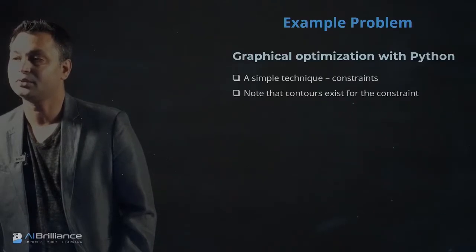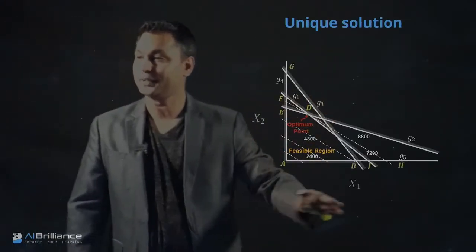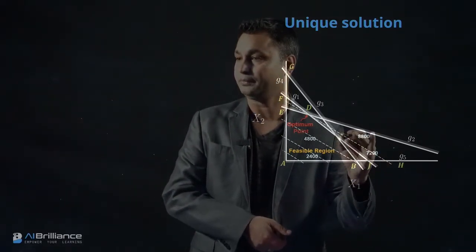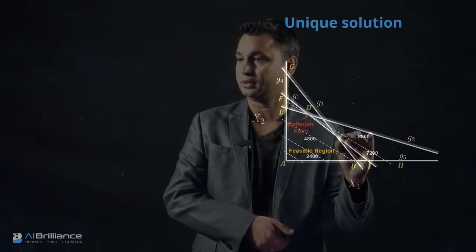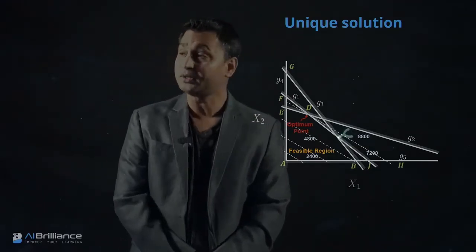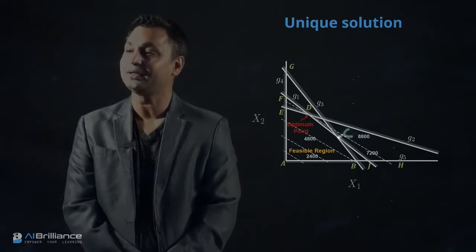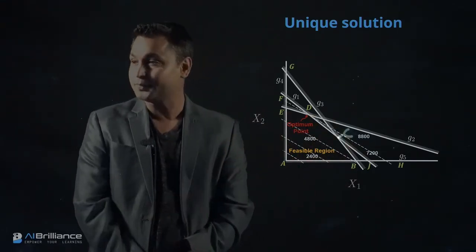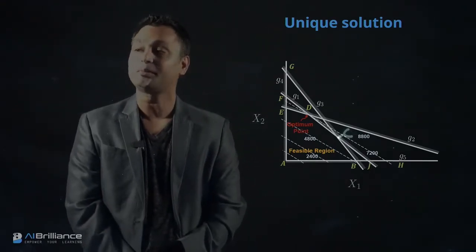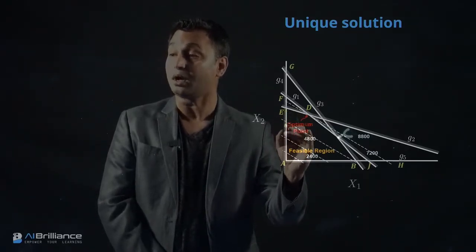As it turns out, when you have a linear problem like this, you have a feasible region, which in this case is defined by A, B, C, D, E. There is a beautiful theorem in linear programming that tells you that if the problem is linear, then the optimal solution is always going to lie on the boundary of the feasible region.